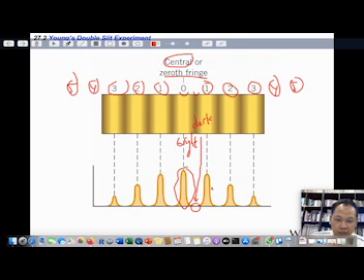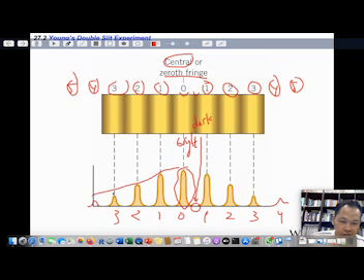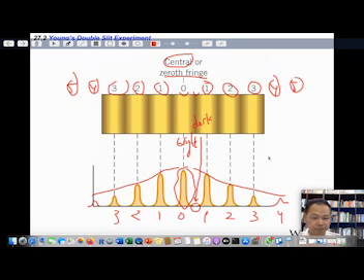It will be the same. You can find this is the 0, the main, this is the first, the second, the third, the fourth. So the brightness will be here: the main, the first, the second, the third, and so on. Okay, is that clear?